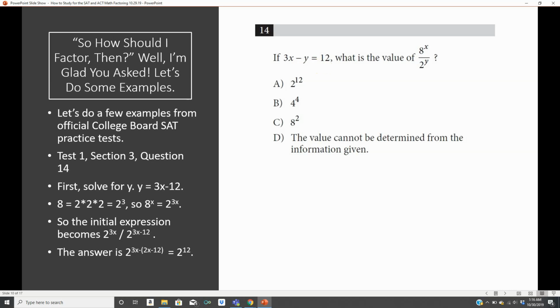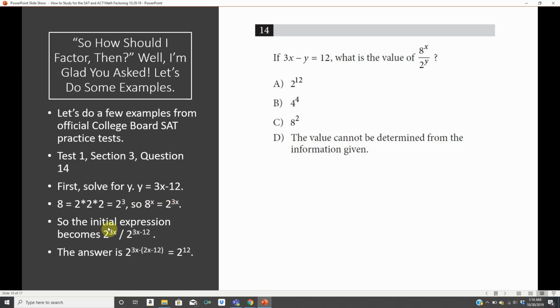Now we know that they're asking what is the value of 8 to the x divided by 2 to the y. All right, well, one thing that we do know is that 8 is equal to 2 cubed. So 8 to the x power is just going to be 2 to the 3x power.